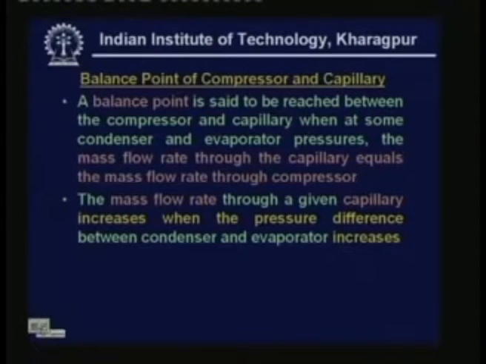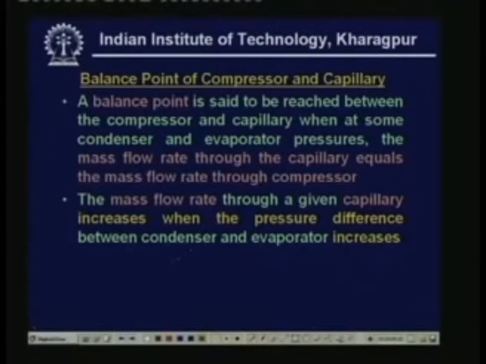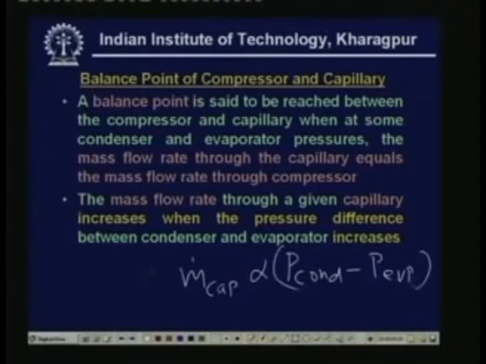That means m dot cp, the mass flow rate through the capillary, is always proportional to P condenser minus P evaporator. As this difference increases, the mass flow rate through the capillary increases.